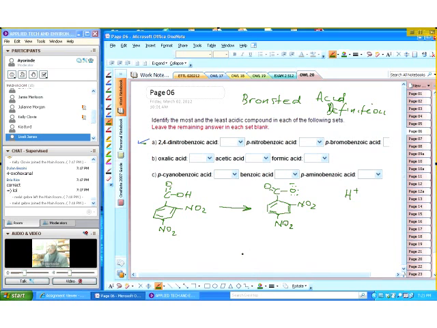Now the strength of any acid, based on Bronsted acid definition, let me write this down, because this is very important: the strength of any acid depends on the stability of its conjugate base.